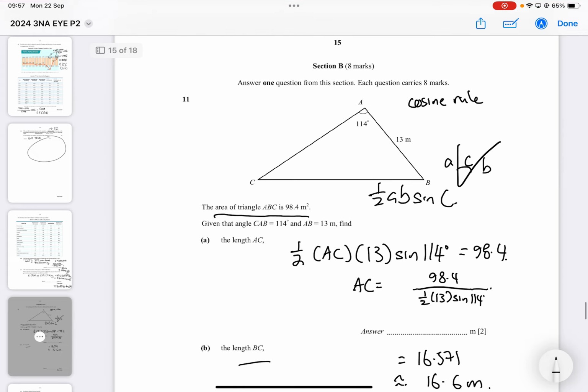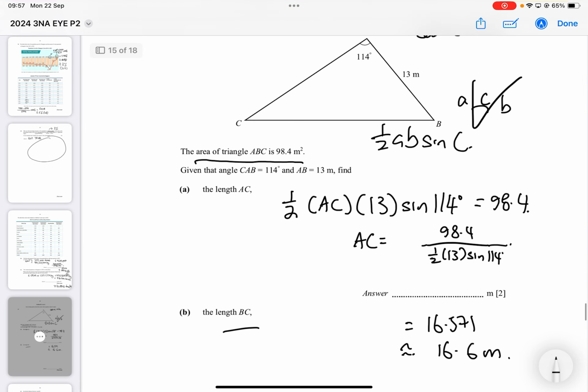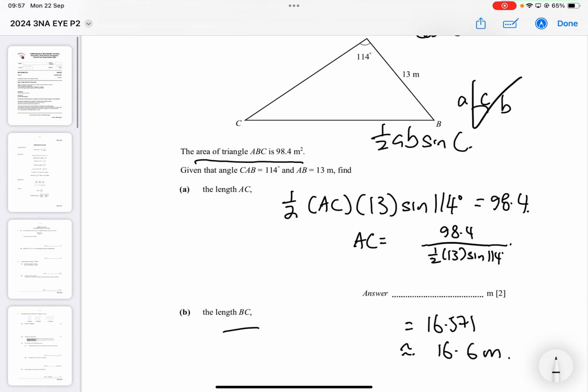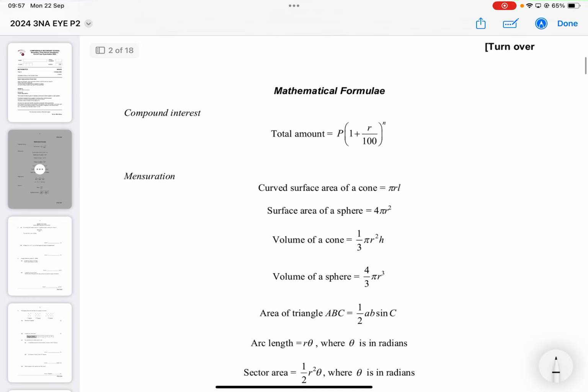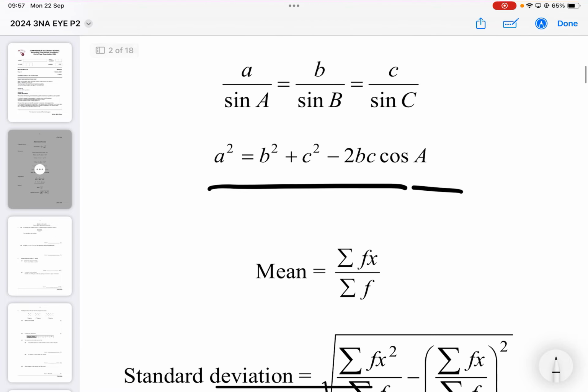So cosine rule. If you cannot remember, you go back to your very first page. Your cosine rule will be there. A square equals B square plus C square minus 2BC cosine A. Again, don't need to remember the naming by their ABC, but I must know cosine A is opposite A square.